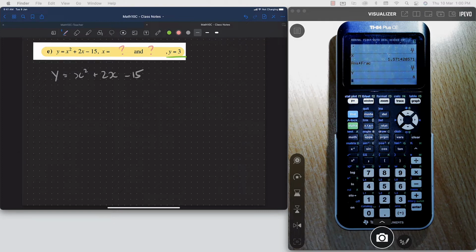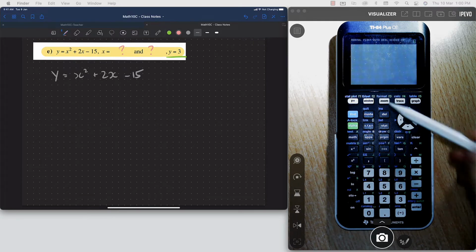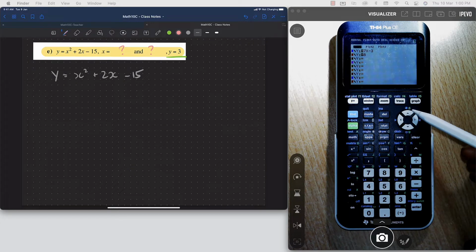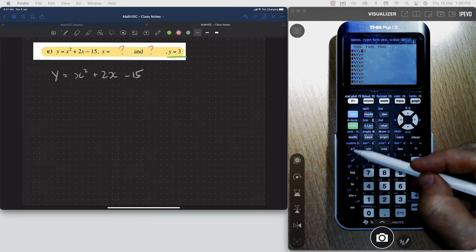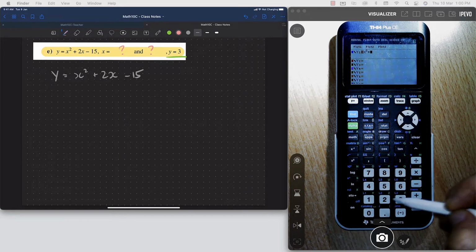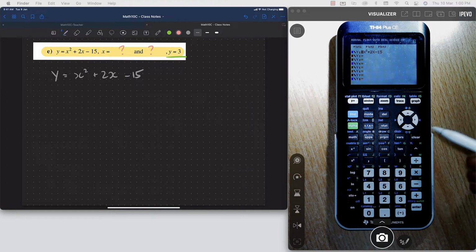Now to do this on the calculator is quite simple. I'm just going to clear this, go back to y equals, and I'm going to go down to here, clear and clear, punch this in, which is going to be x squared plus 2x minus 15. Go down to the next line and we have y equaling 3.